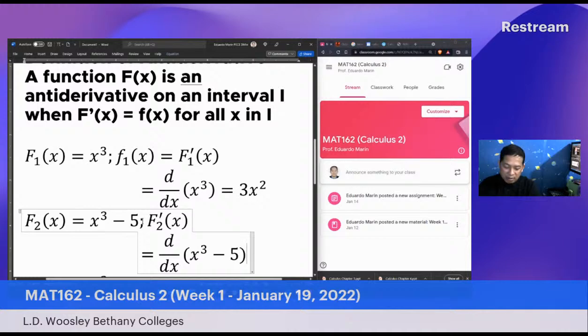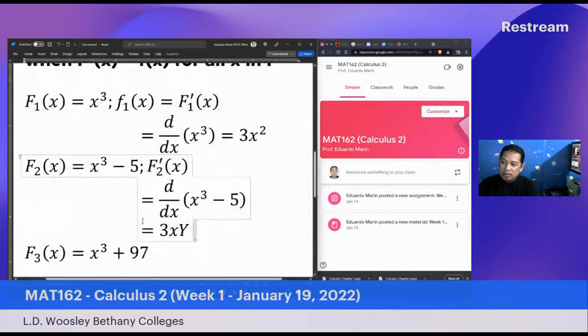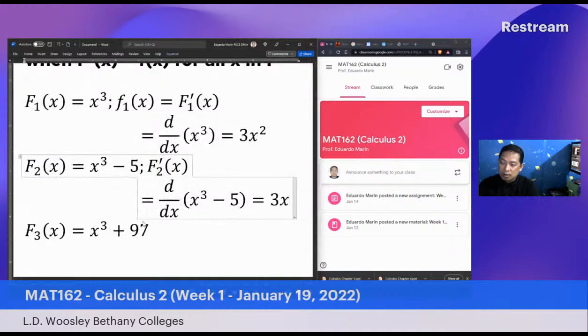Obviously, this will also have the answer 3x squared. Alright? So it is an antiderivative because there are many possible antiderivatives for a given derivative.